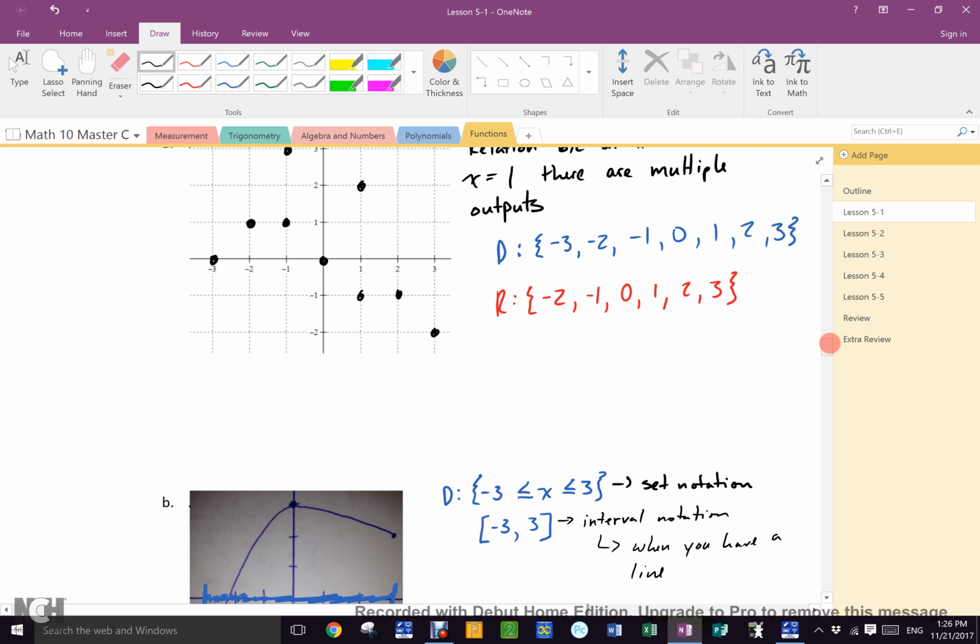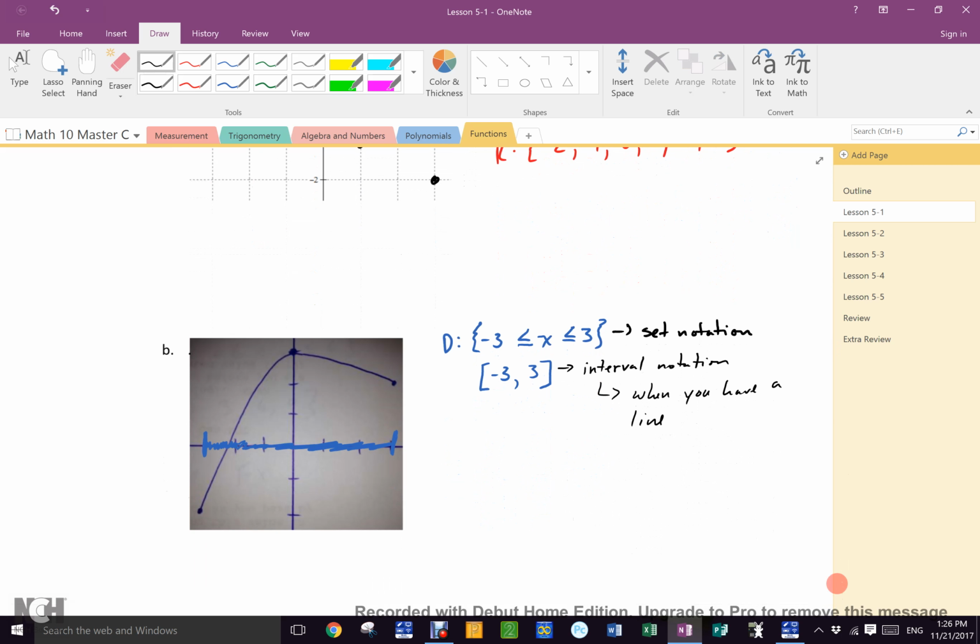All right. Now you guys are smart kids. What then is the range? Where do I go to find range? I go to which axis for the range? The y's. What's the lowest y value I have? -2. And is there a y value all the way up here? Till when? +3.